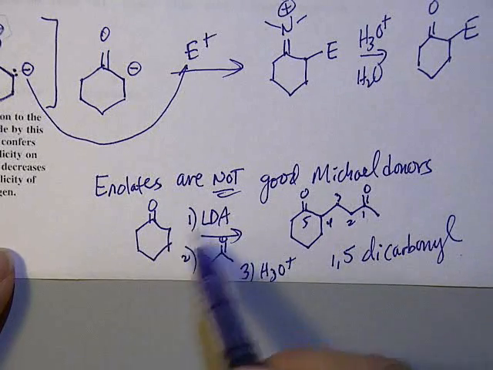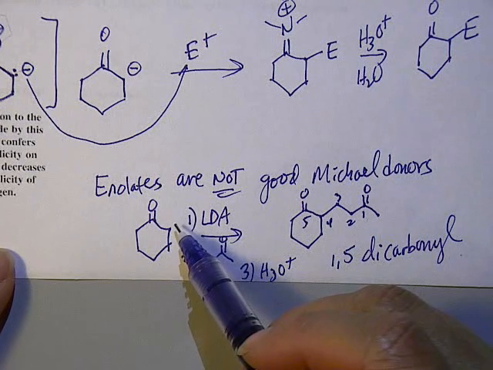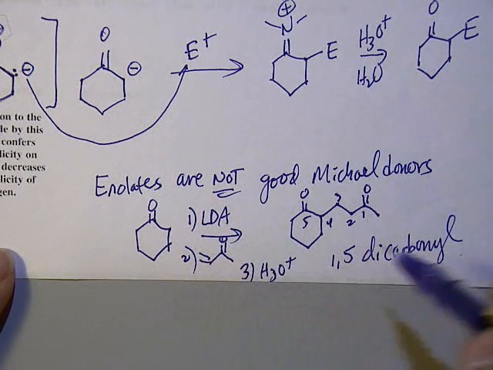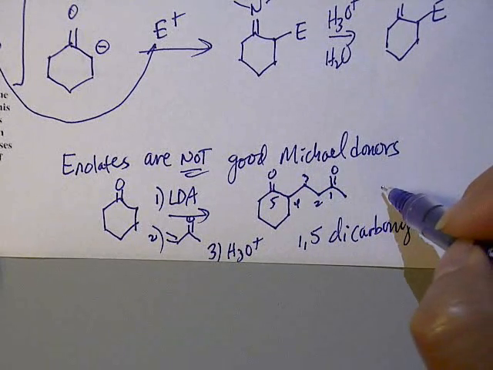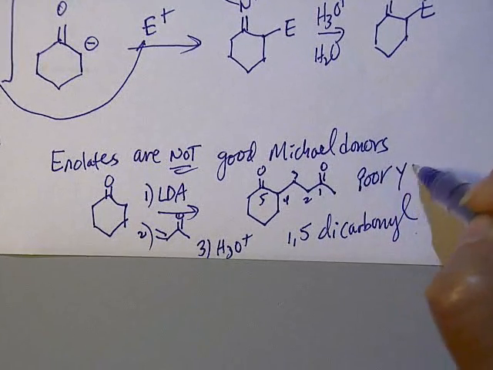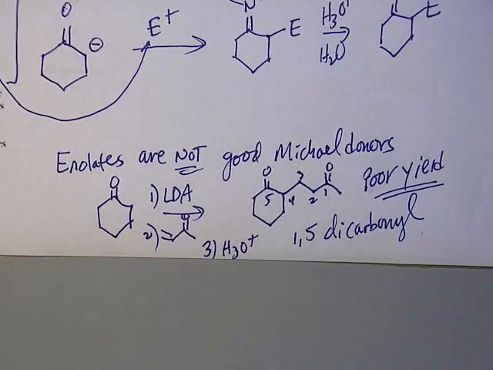So if I make the enolate of this, because it's not doubly with the electron withdrawing group, it does not do the second step. So this product that you desire is not obtained, or it's going to be obtained in very poor yield. All right, so this is not an option.